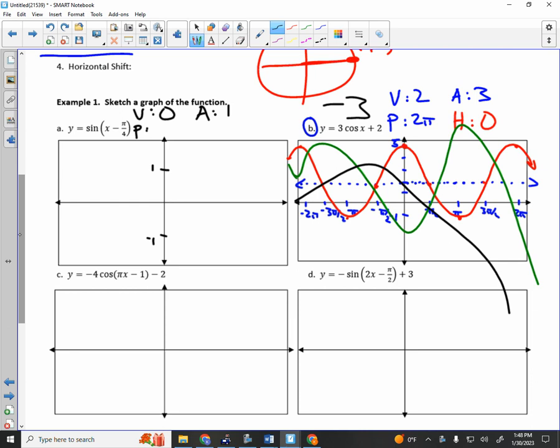What is the period? 2 pi. Yep, the number before the x. So I'm going to mark off 2 pi, pi.